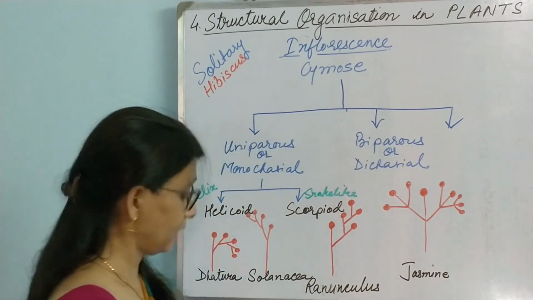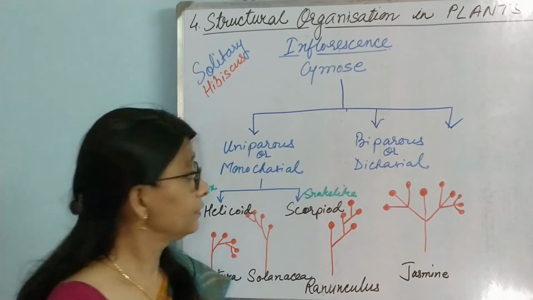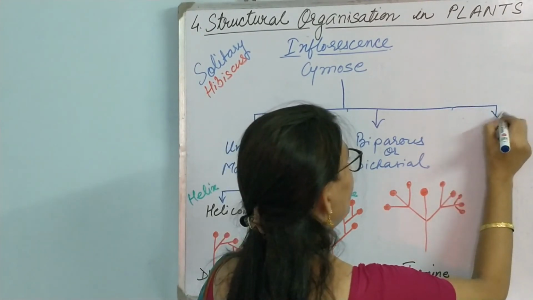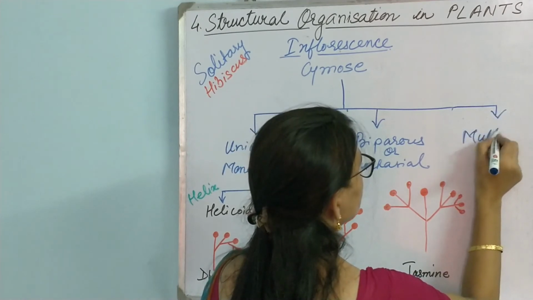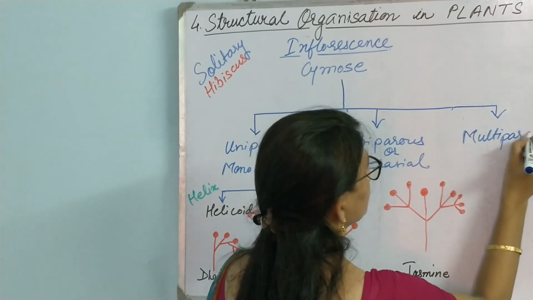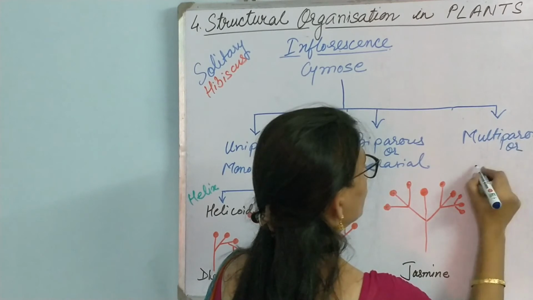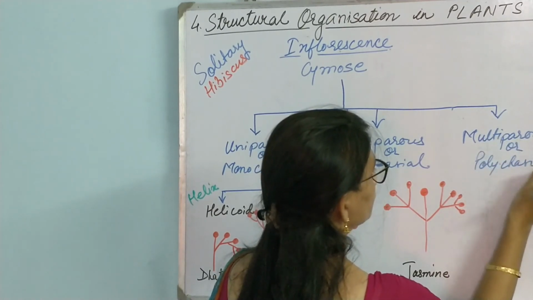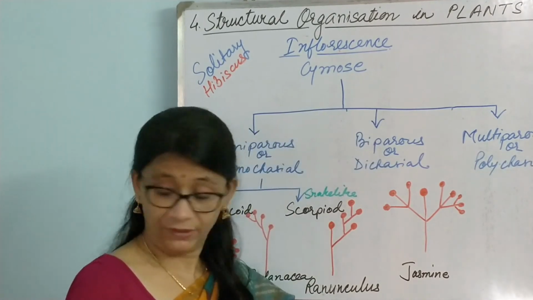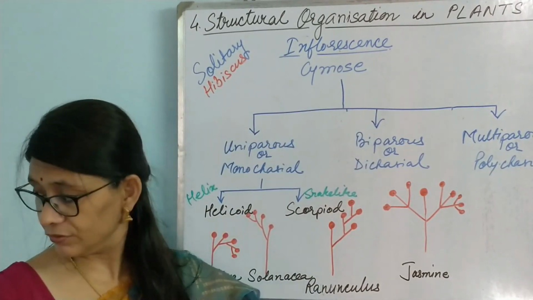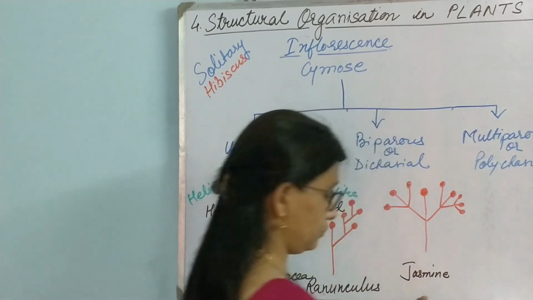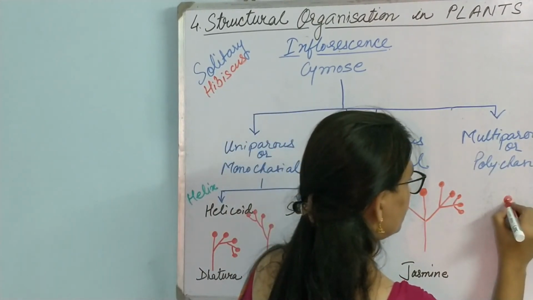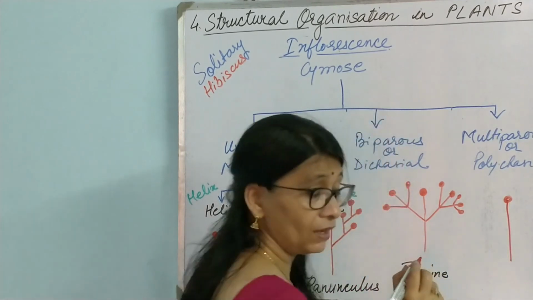Then the third type is multiparous, or polychasial. From the name itself we can understand: suppose the branch is ending in a flower.